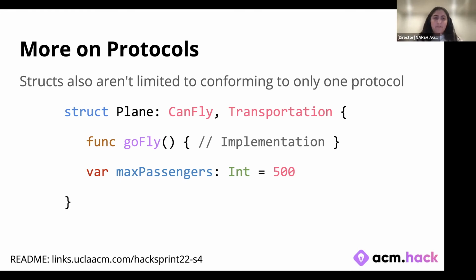For example, the plane has the function go_fly that was required by can_fly, and it has the variable and implements that. So let's say the plane can have a maximum passengers of 500. It conforms to the protocol transportation because it has that variable.